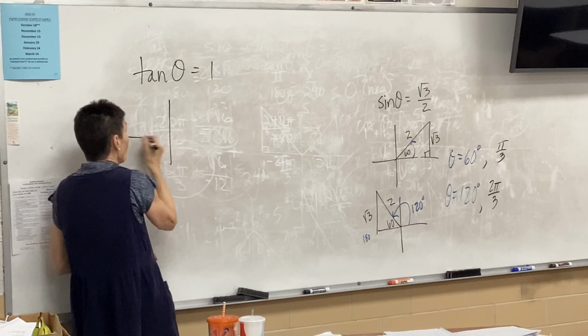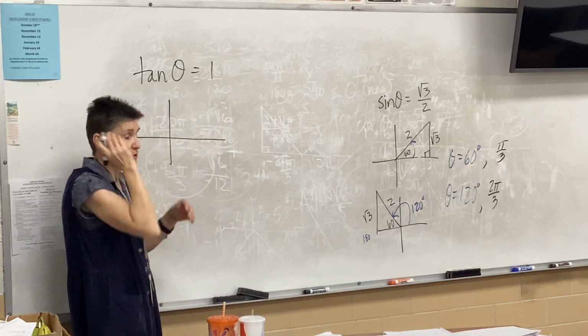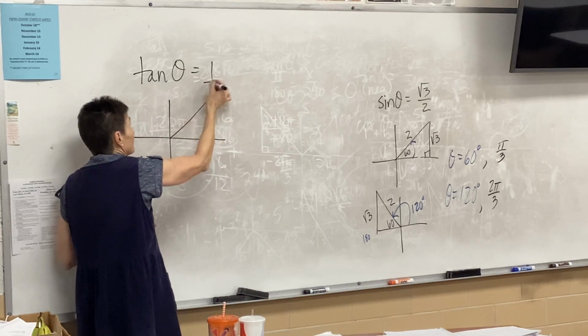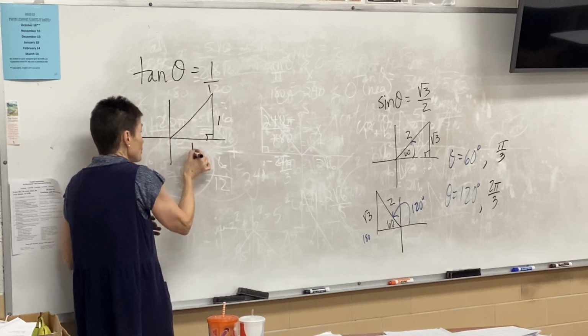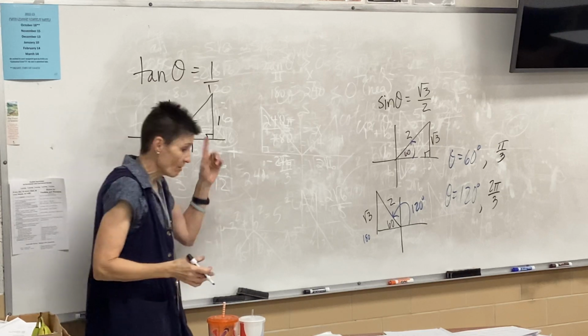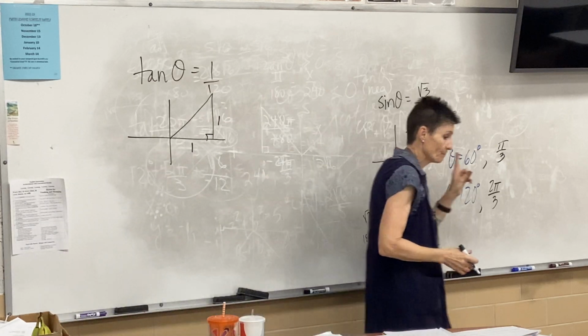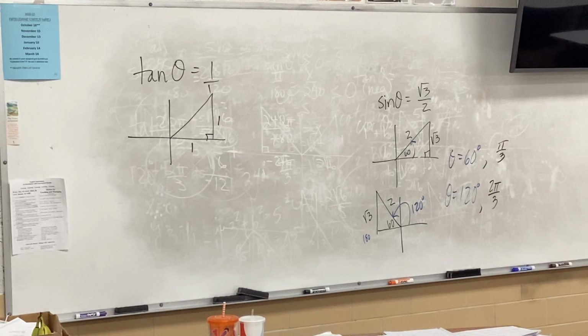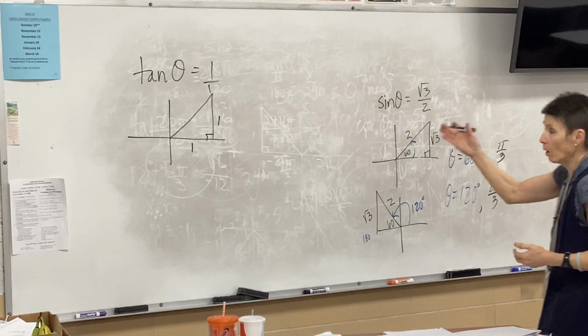So think about what that means, just in terms of our regular basic picture. Opposite over adjacent is 1. That triangle makes sense. That triangle works. The tangent is opposite over adjacent. That's 1 over 1.